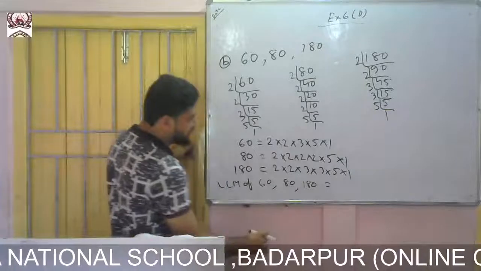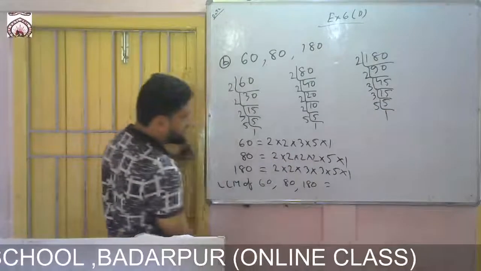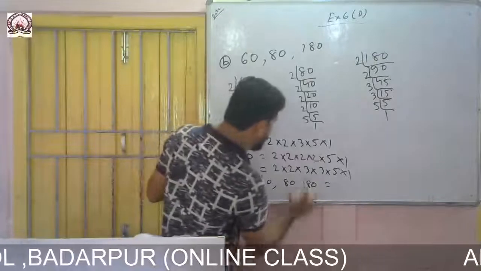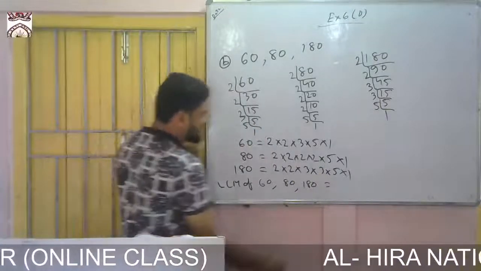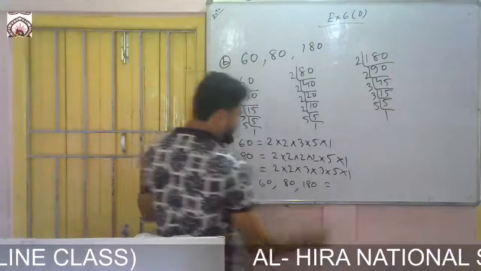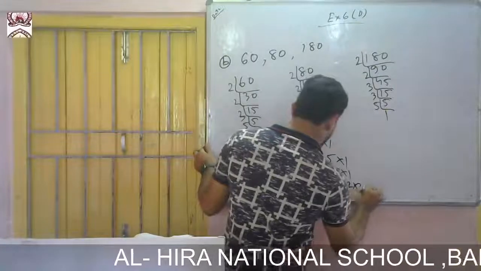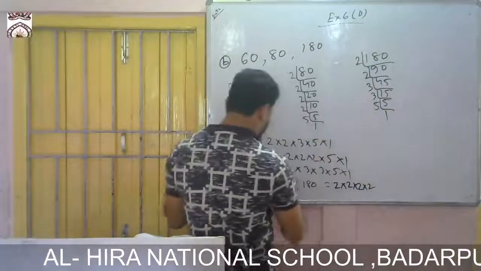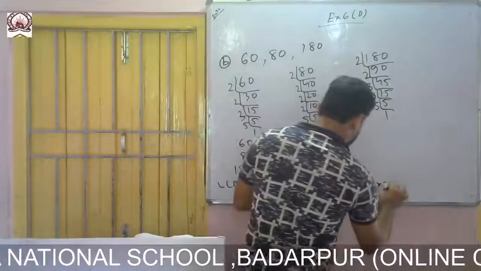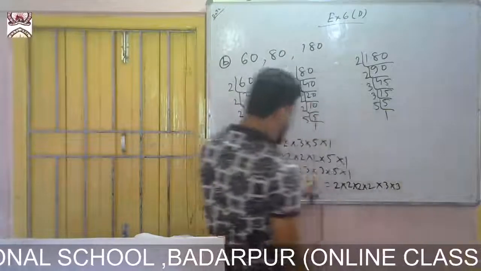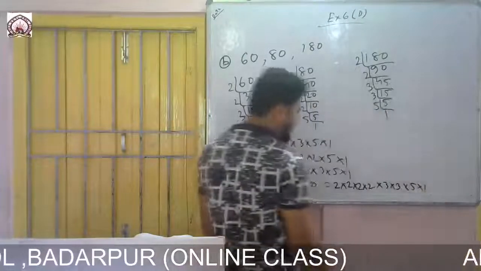You see 2 repeating 1 2 3 4 times highest, 3 repeating highest 2 times, 5 repeating 1 time. So 2 into 2 into 2 into 2, then 3 into 3, and 5 into 1.